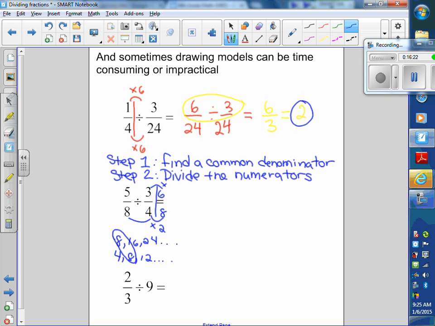So we're going to change this to 5 eighths divided by 6 eighths. So step 1, we've done. Karina, what's step 2? Divide the numerators. Fraction bars mean divide, so 5 divided by 6 is our answer.